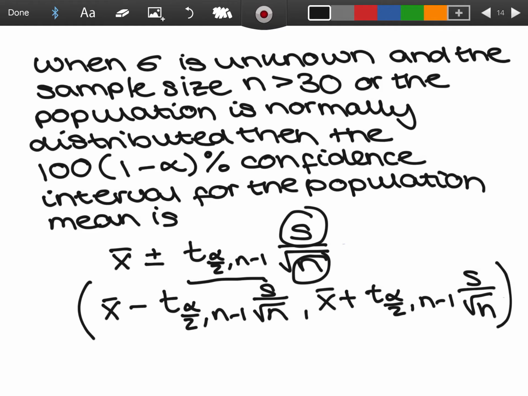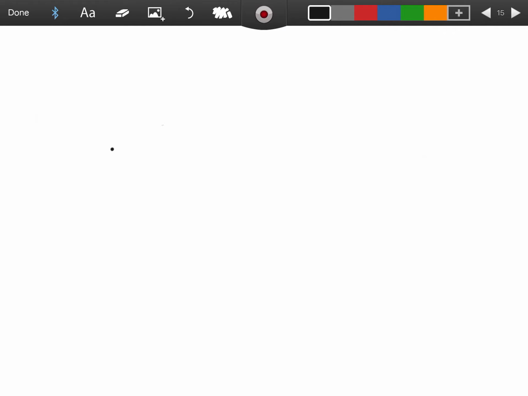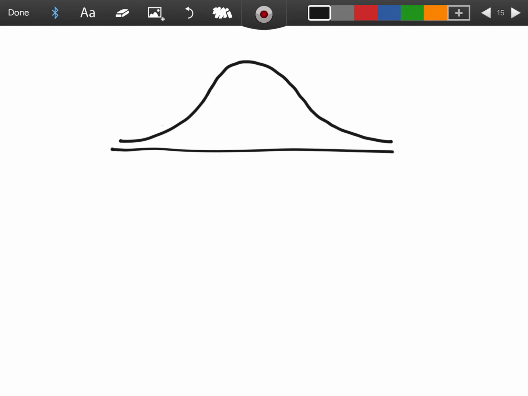So again, if you are trying to find a t value, let's draw this out. It looks very much like a normal distribution. Let's take some t value that we want here. And again, this thing is going to be symmetric. The area that you want is the area to the left of the value that you are looking for.